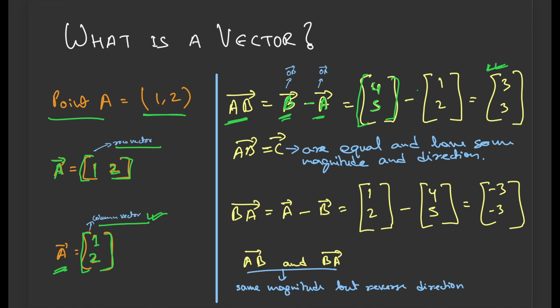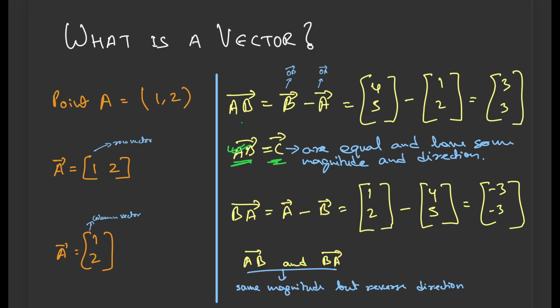So 4 minus 1 gives 3, and 5 minus 2 gives 3. So that's how we get vector AB, which is 3, 3. We saw that AB is equal to C because they have the same magnitude and direction. Their length is the same and direction is the same. So we have AB equal to C, and we have seen this in the graph as well.